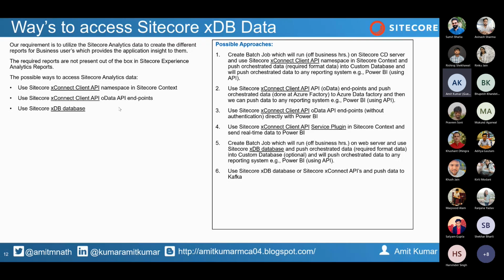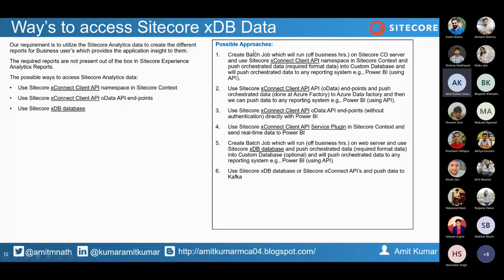Another is the xConnect client API or data API, which can be used in a non-Sitecore context to get the data. And the other is the Sitecore XDB database itself: if your data is accessible outside and you can provide access to your database to any third-party system, in those cases the XDB database can be directly utilized.